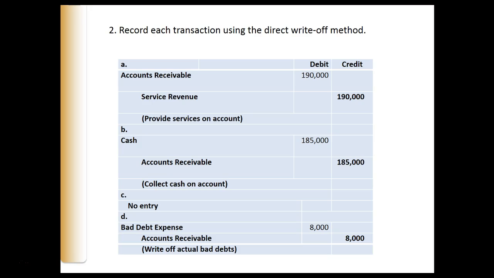C, there will be no allowance and no estimate of bad debt. But D is when we will then take the bad debt expense and credit the accounts receivable. As you see here, the difference is we don't have that contra account, the allowance for uncollectible accounts.